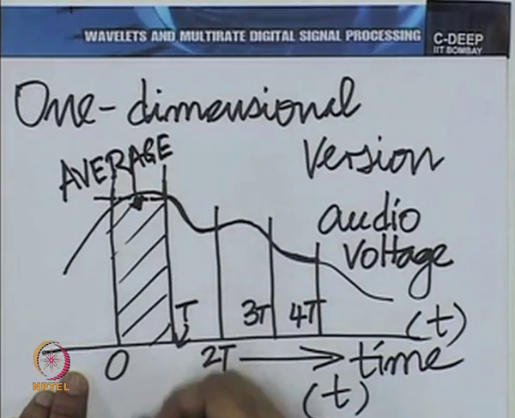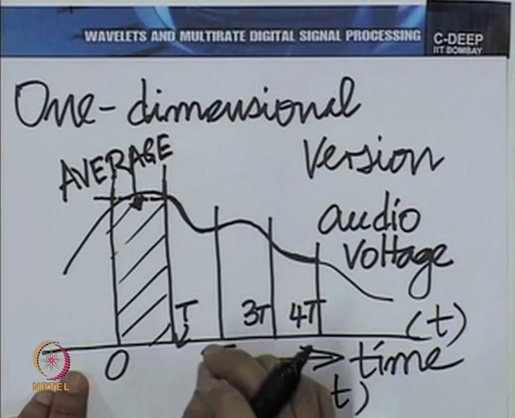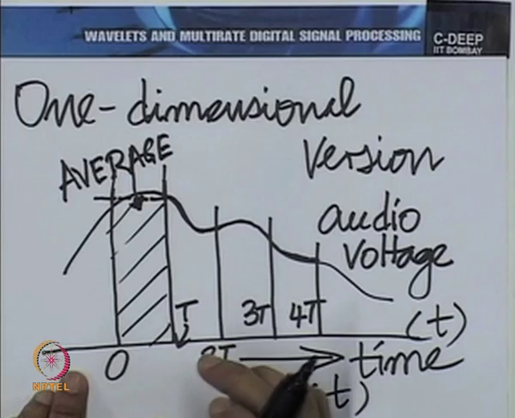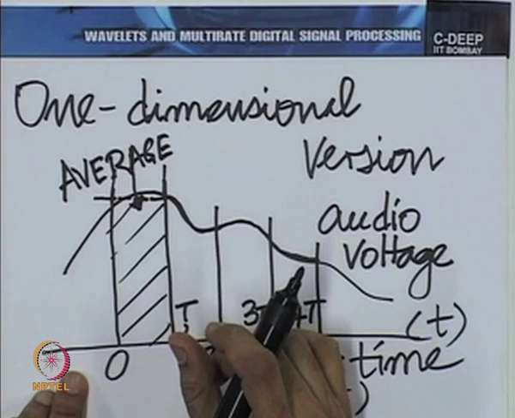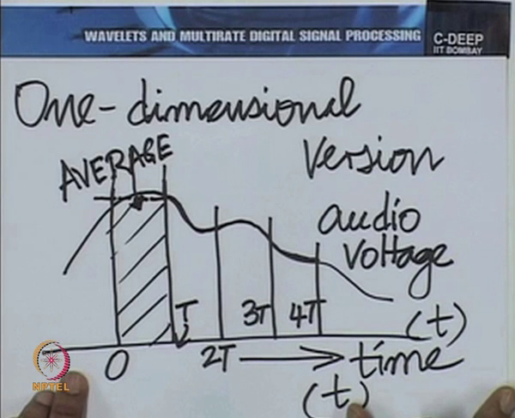So, intuitively it makes sense to represent the voltage waveform in each of these intervals of size t by the average of that waveform in that interval. Is that right? Let us write that down mathematically.